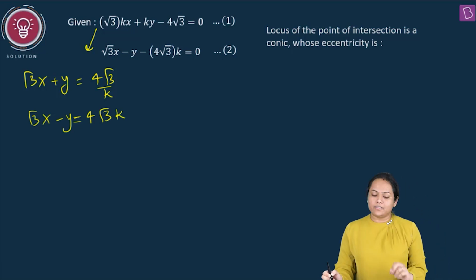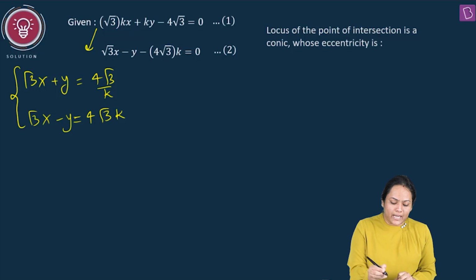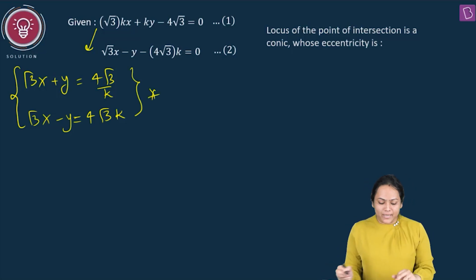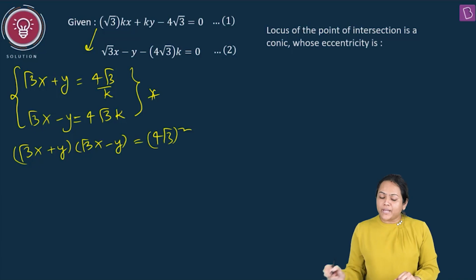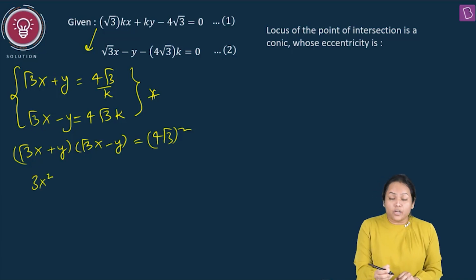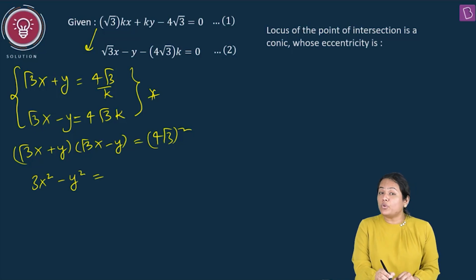And now you can clearly see if I have to eliminate k, I'll just multiply these two equations. Isn't it? So when I multiply, it's going to become root 3x plus y multiplied by root 3x minus y is equal to 4 root 3 whole square. The final curve comes out as 3x square minus y square is equal to 4 root 3 whole square.